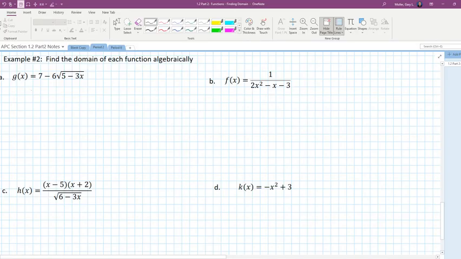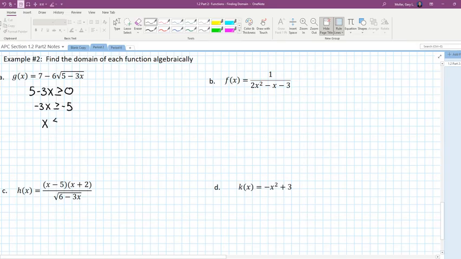So I'm just going to force it and say, hey, math, tell me when the inside of this square root function is greater than or equal to 0. And the answer to that question will be the numbers I get to use. So I'm going to subtract 5 on both sides. I'm going to divide by -3, and I'm not going to make a mistake.